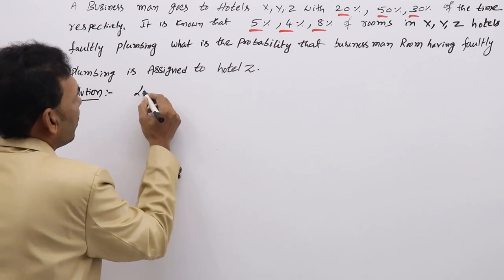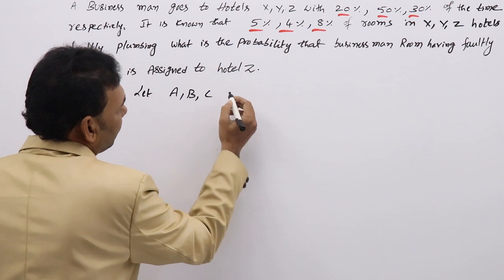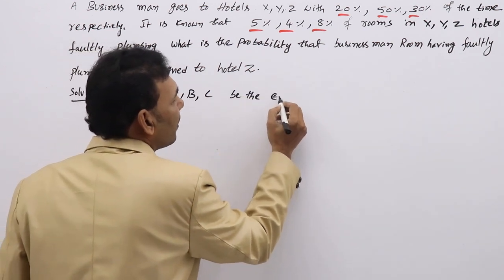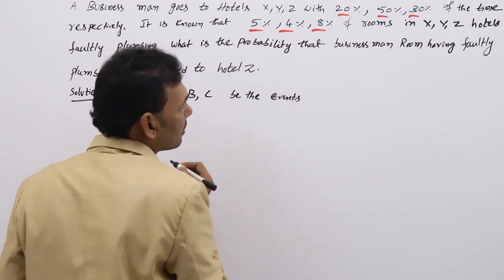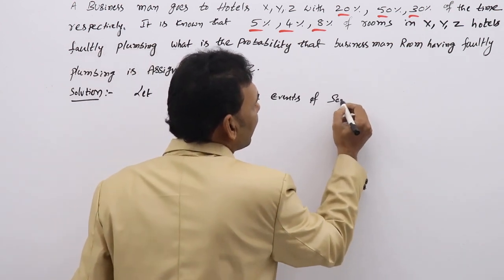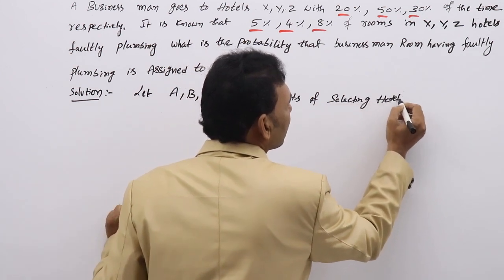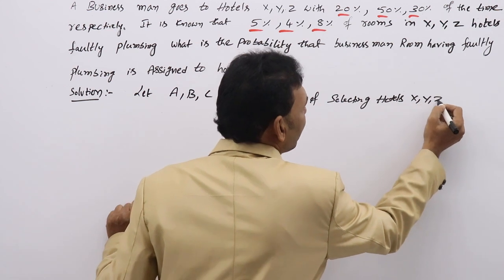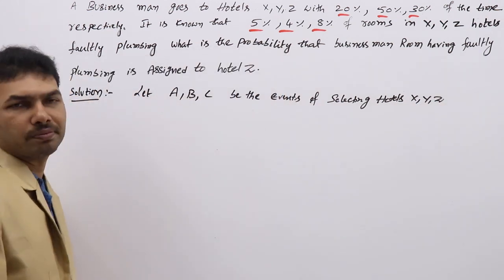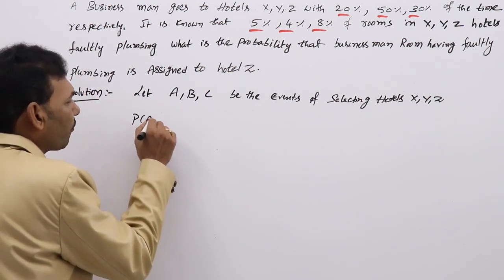First, let A, B, C be the events of selecting hotels X, Y, Z respectively by the businessman. Now, what is the probability of A?